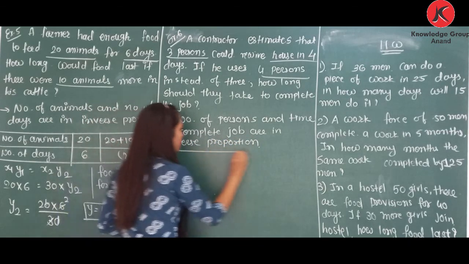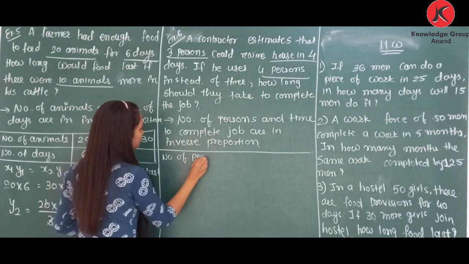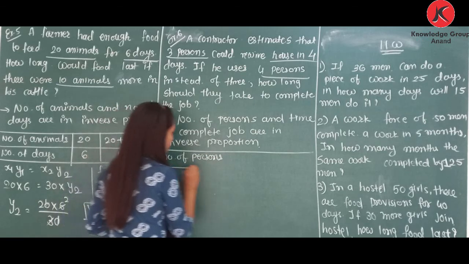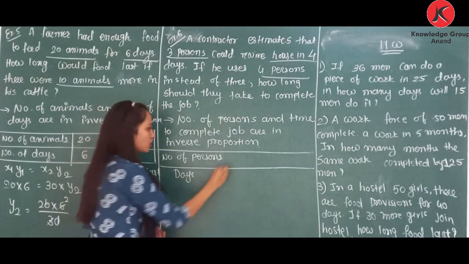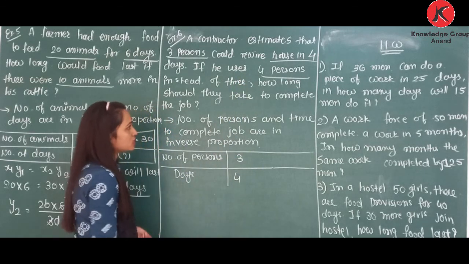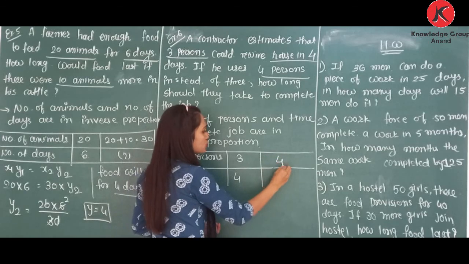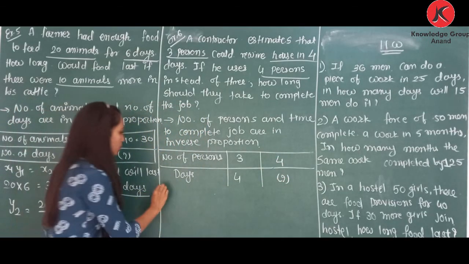So we can make a table. Number of persons and days to complete a job. When 3 persons are working, they complete the work in 4 days. So when contractor use 4 persons, how many days will take it?